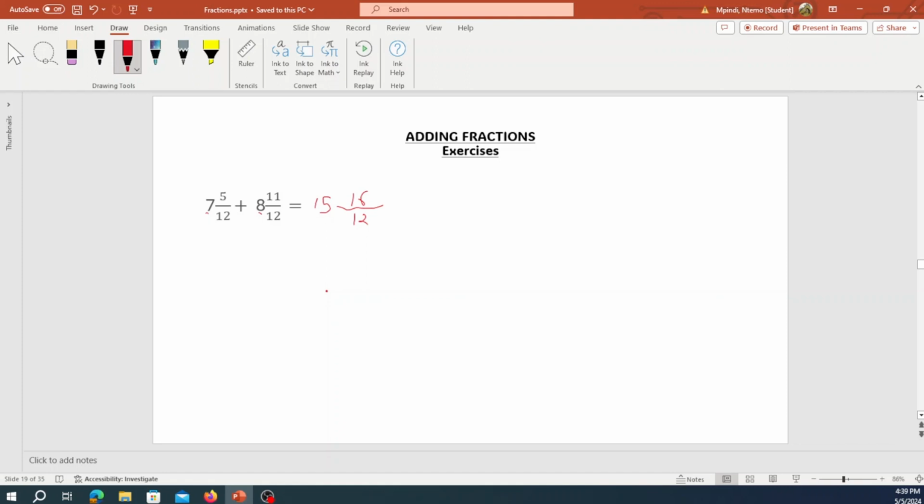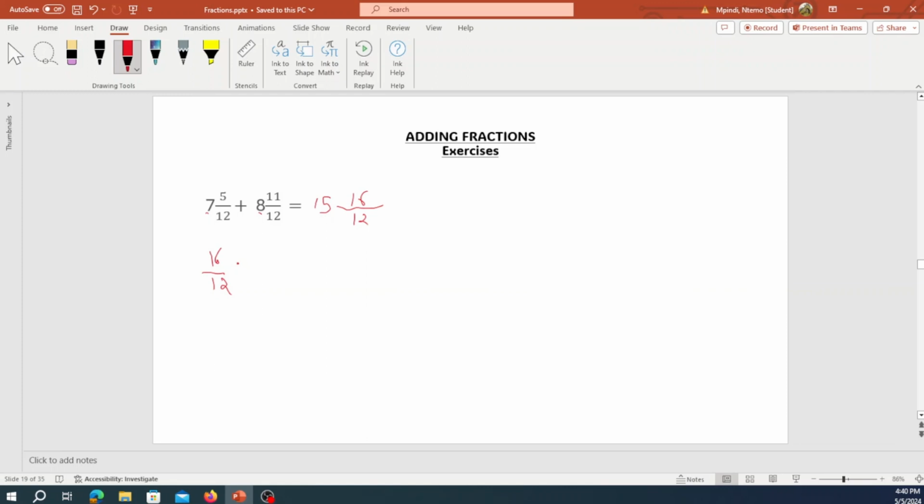So if we want to change this to a proper fraction, this is what's going to happen. We're going to get 16 over 12. Okay, so we want to change this from an improper fraction to a mixed number.